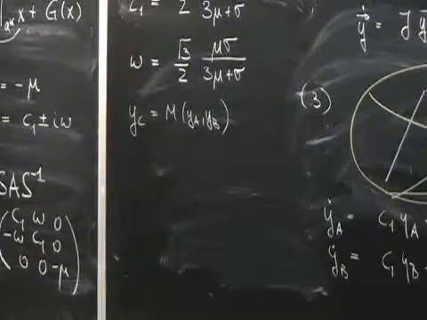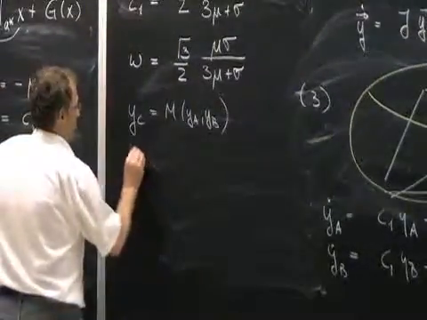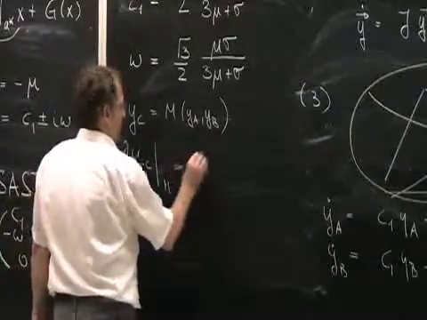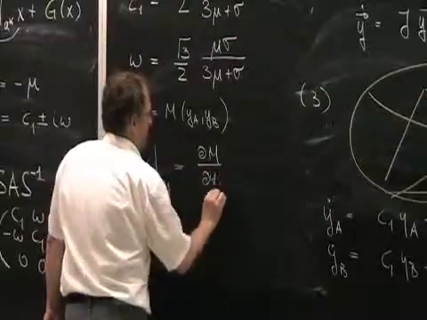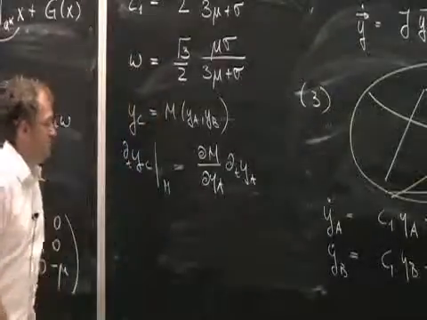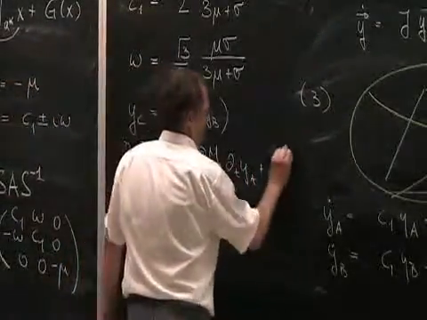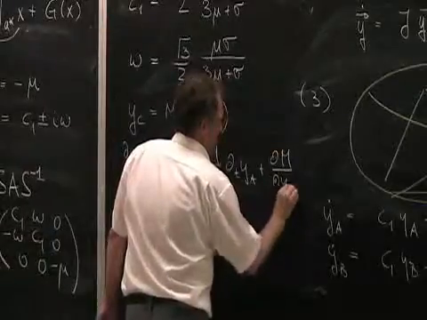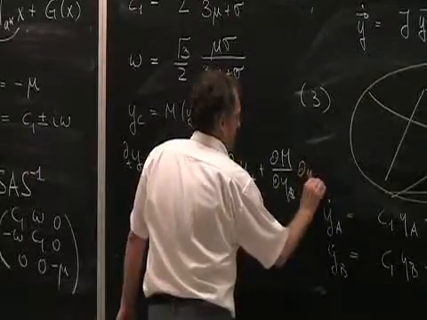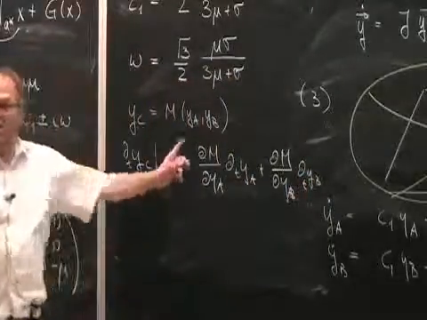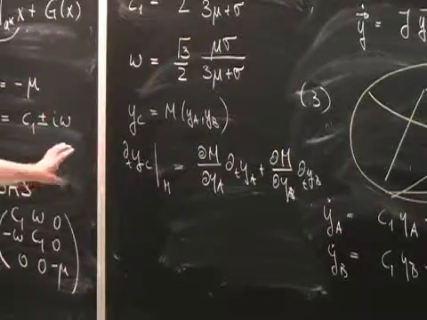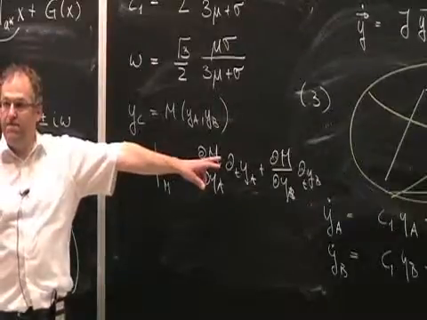An invariant manifold means that the time derivative of yc on the manifold is the partial derivative of m with respect to ya times the time derivative of ya, plus the derivative with respect to yb times the time derivative of yb, all on the invariant manifold. So this is the equation which determines the invariant manifold M.